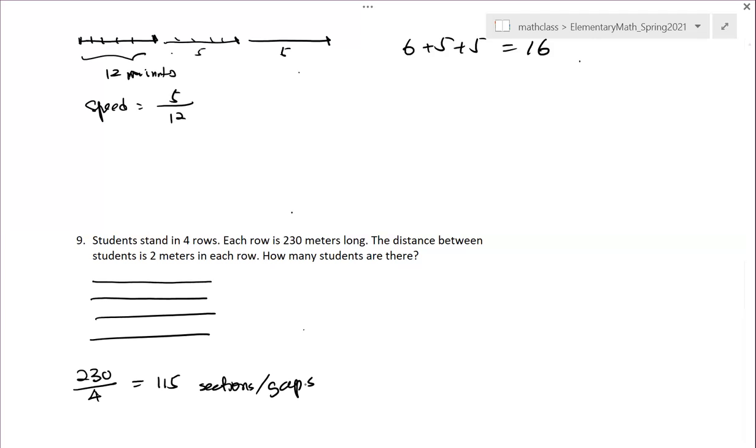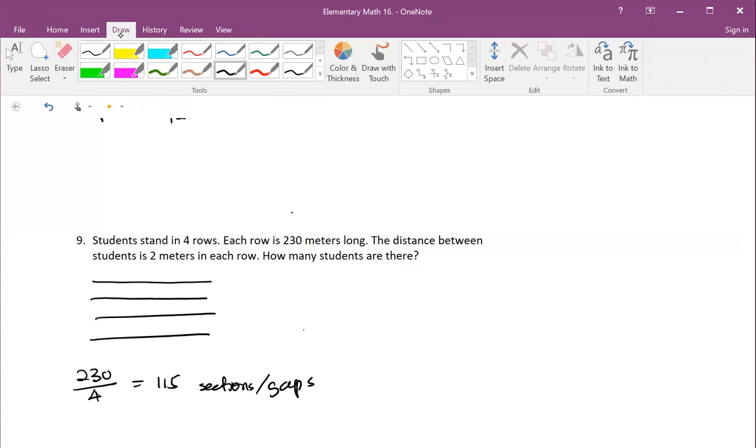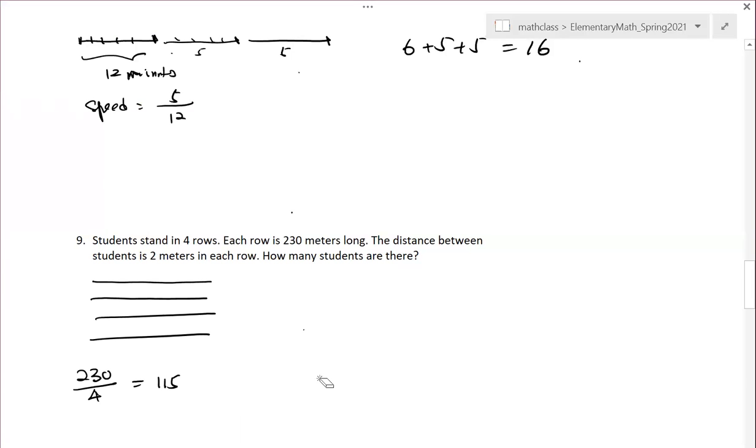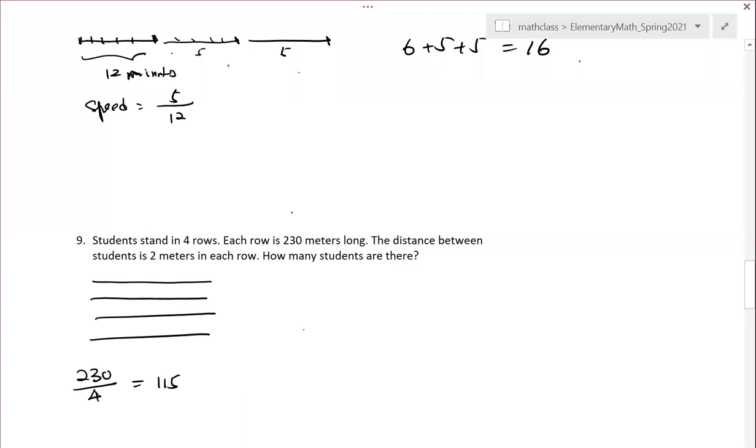It's 230 meters long, right? Divided into 4 rows. So each row, that's not the section. It's the total number. It should be divided by 2. Yeah, divided by 2. That's right.